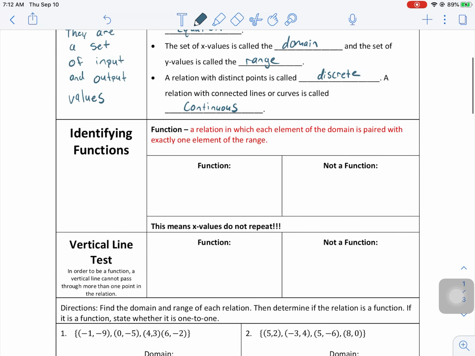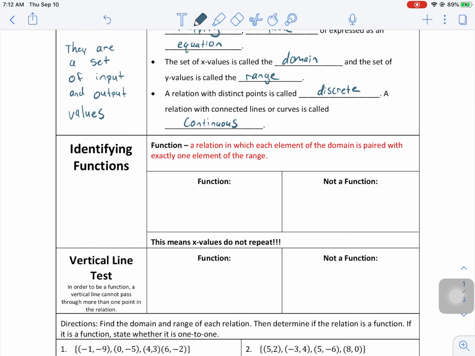Okay, so identifying functions. A function is a relation in which each element of the domain is paired with exactly one element of the range. So let's use a mapping for this example. Say we have 0, 1, and 2, and these are our input values. And then for our output values we have -1, 3, and 5.